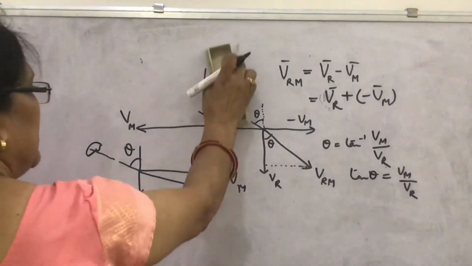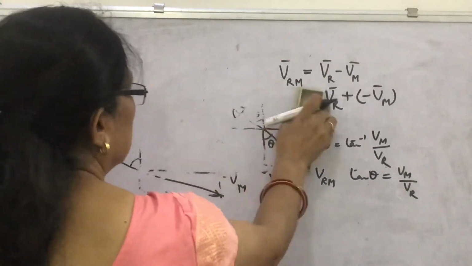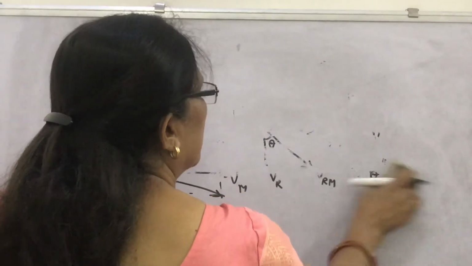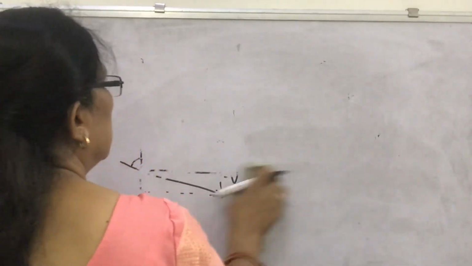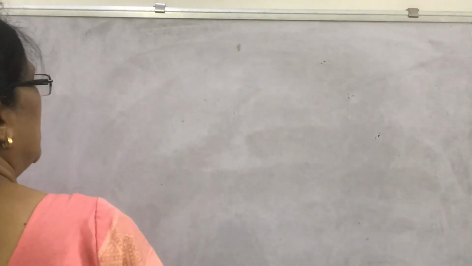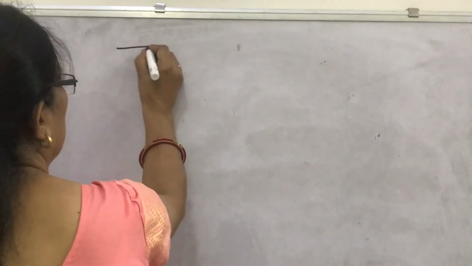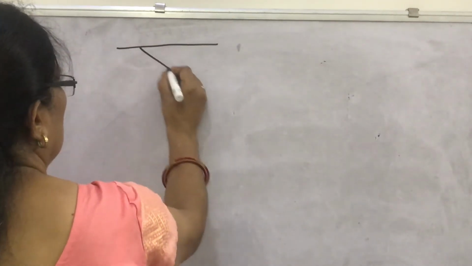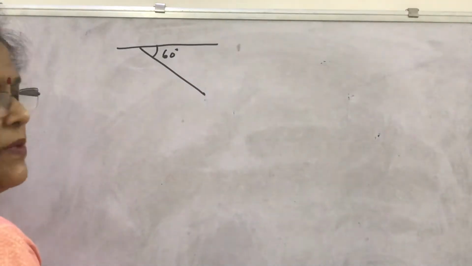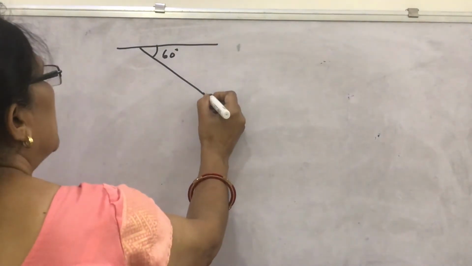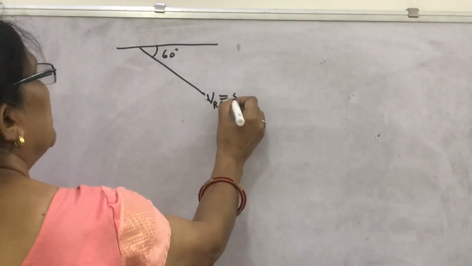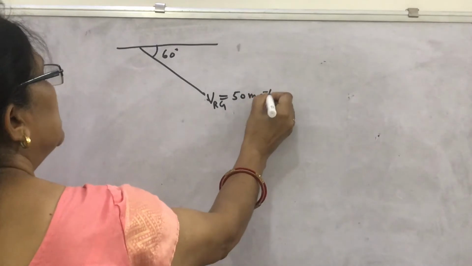Now a very interesting case: if the rain is falling at a certain angle, not vertically downward. I am going to discuss the case when the rain falls at a certain angle, suppose at 60 degrees, for example. This is the rainfall with respect to ground, and its value is given as 50 meter per second.